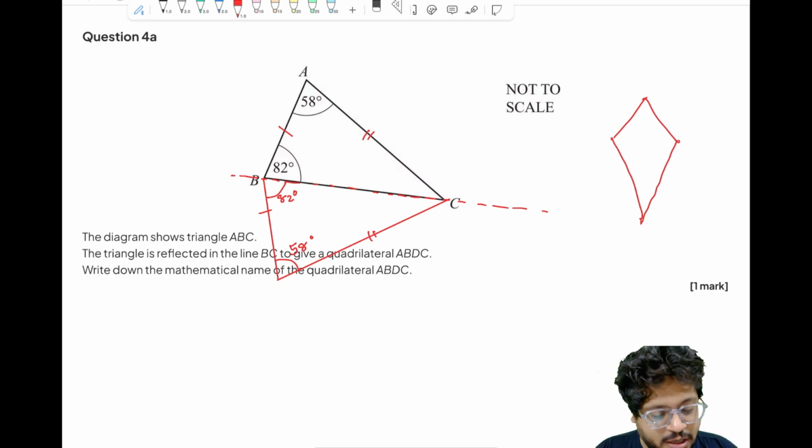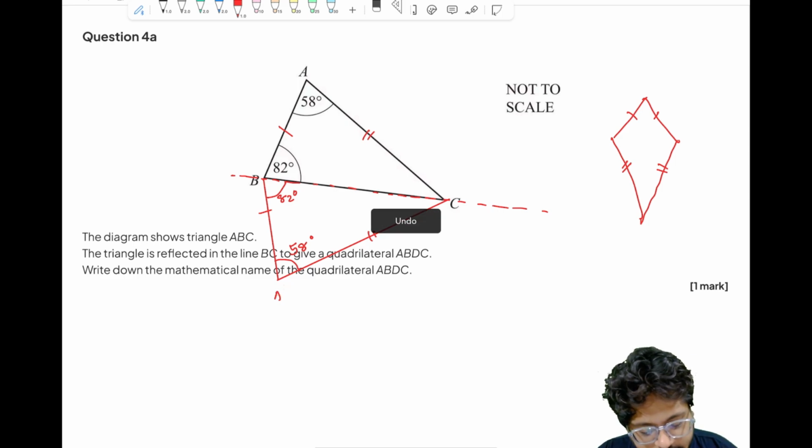So in a kite, these two sides are equal to each other, and these two sides are equal to each other. This is one distinguishing property of a kite, which you can see here. This is AB, and let's say this is A dash B. No, it's D given. Okay, sorry.